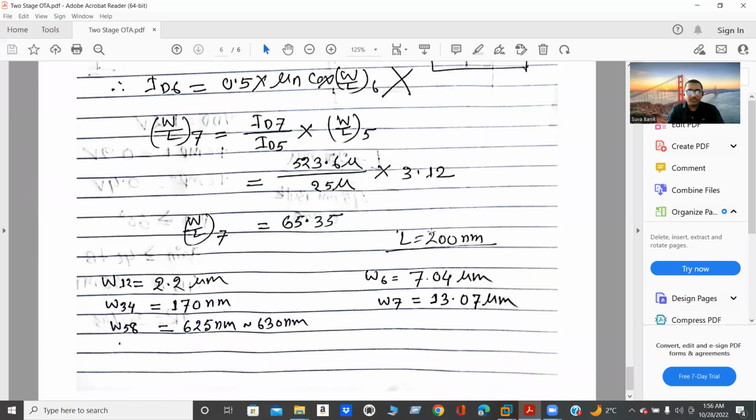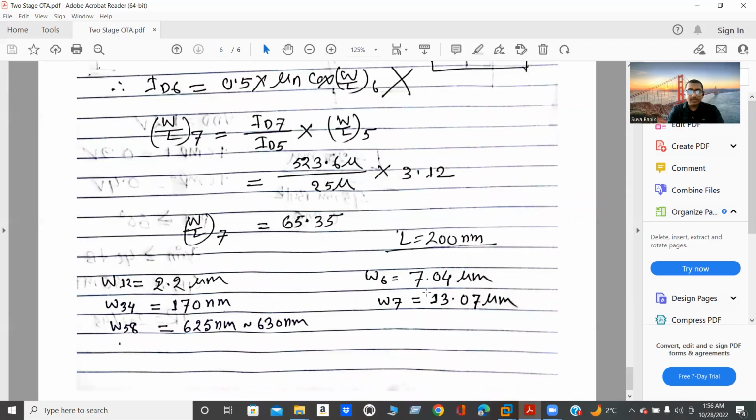And after all of the calculation, I found all of the W by L ratio. I calculate the width and the same length for all of the transistors to be a good design as well as for layout purpose. It's also easy to the layout as well as to matching all of the circuitry.